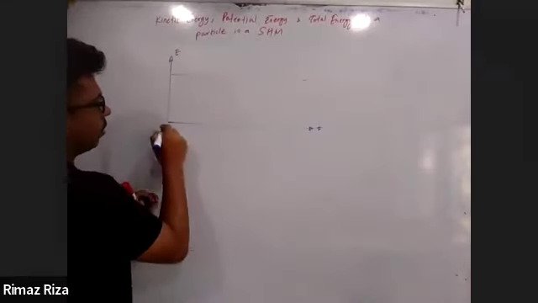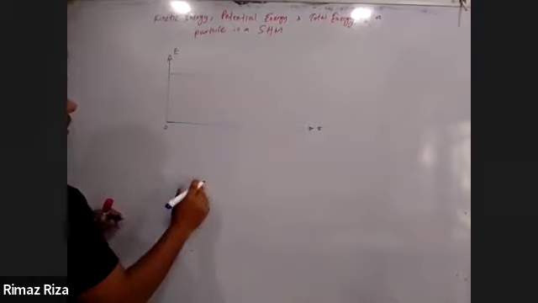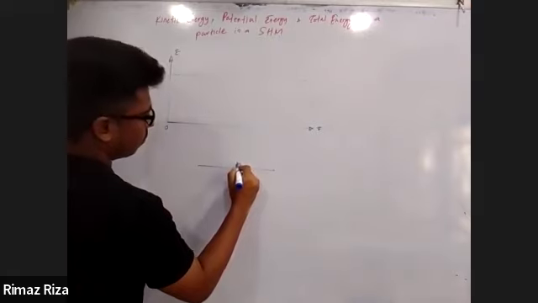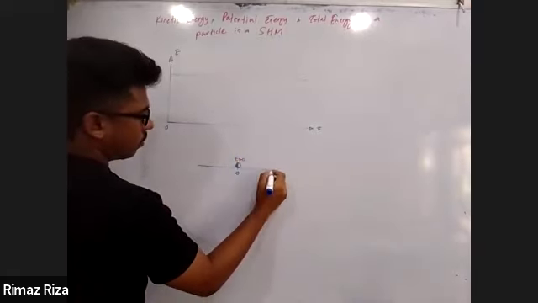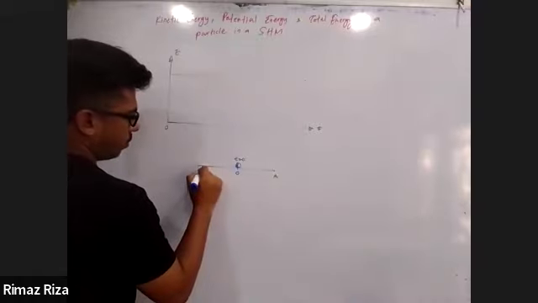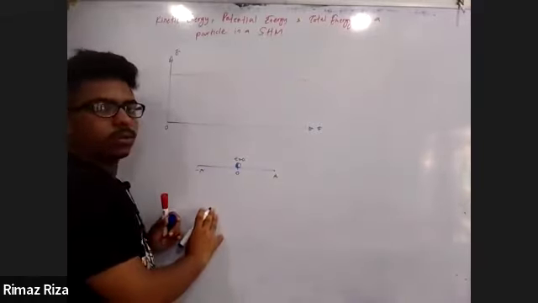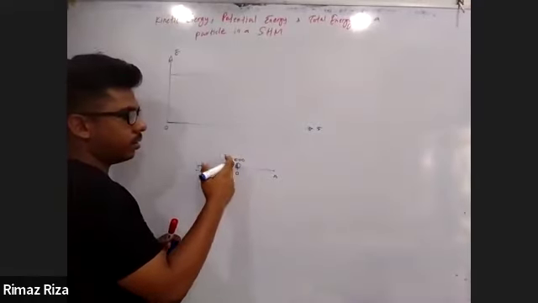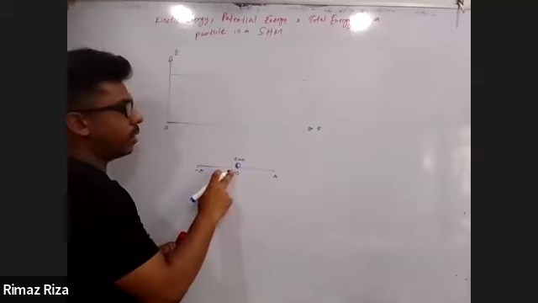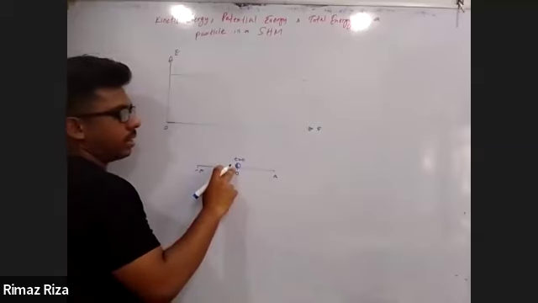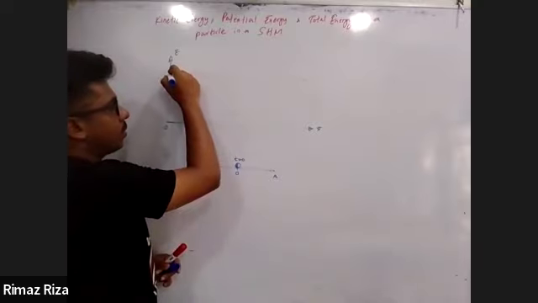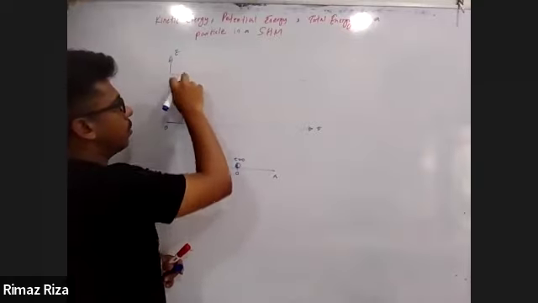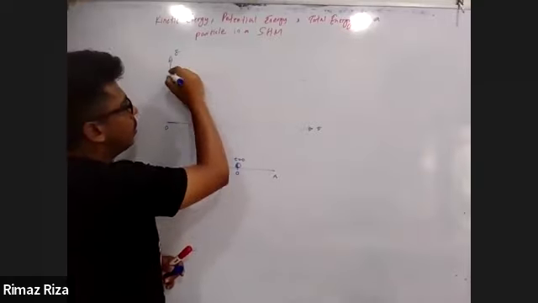And then let's say at t equals 0, the particle is at the center. Because in some cases you can consider the particle starting from the amplitude, but we consider it's at the center. So if the particle is starting at the center, the kinetic energy is maximum, and then at amplitude it goes to 0.